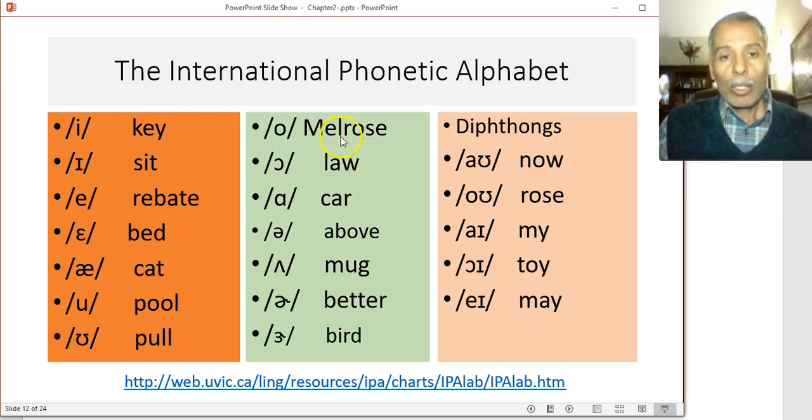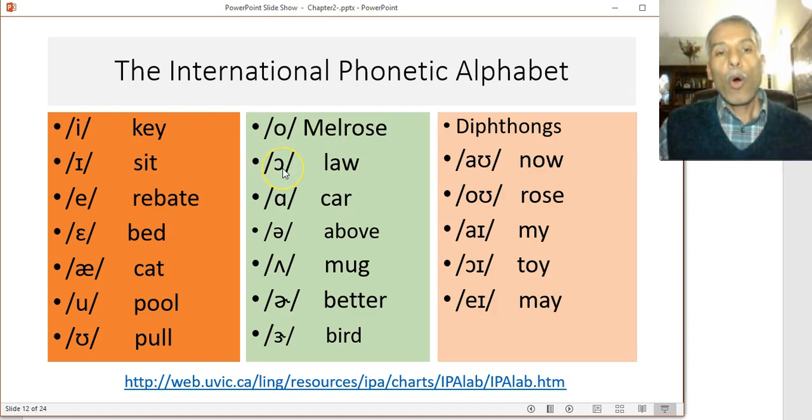So Melrose, Katie Rose, if it's someone's name, fructose. All of these would have that form of O.